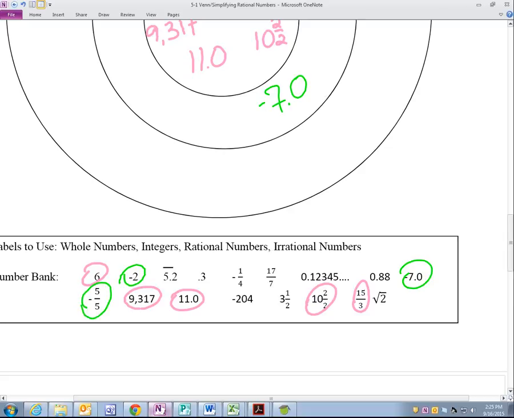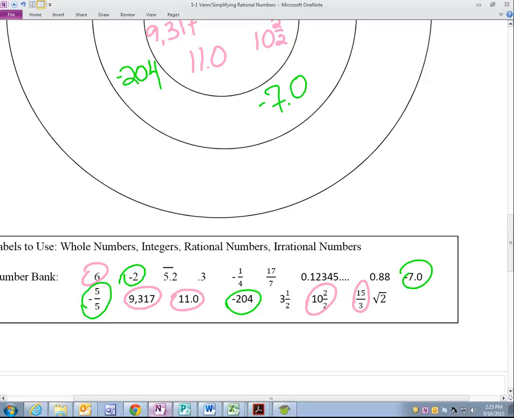Negative 204. Abby? Negative 1/4. No. I mean to say no. Nope, incorrect. I apologize, but you are incorrect. Joe.